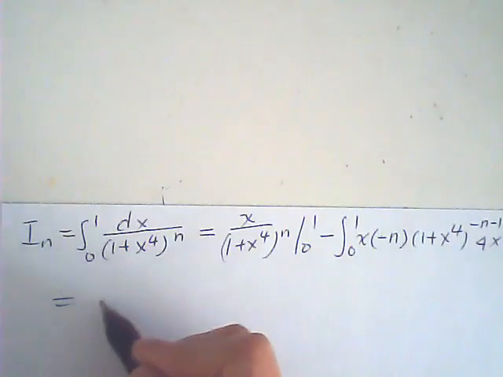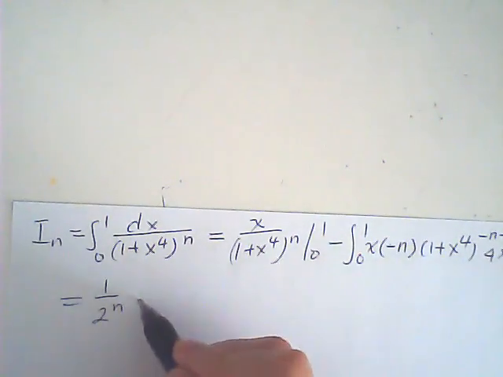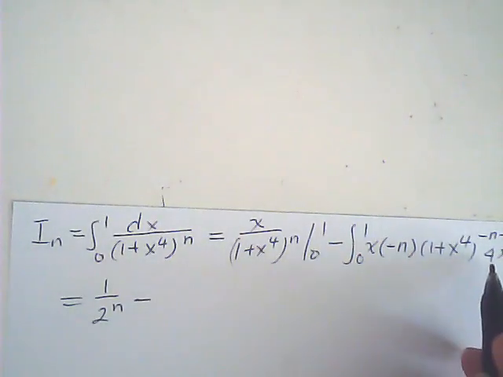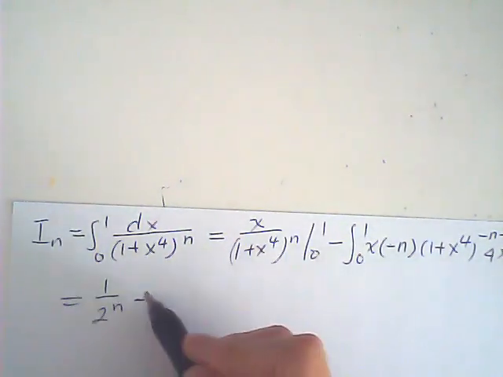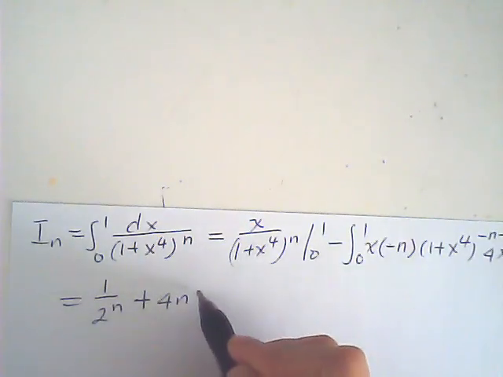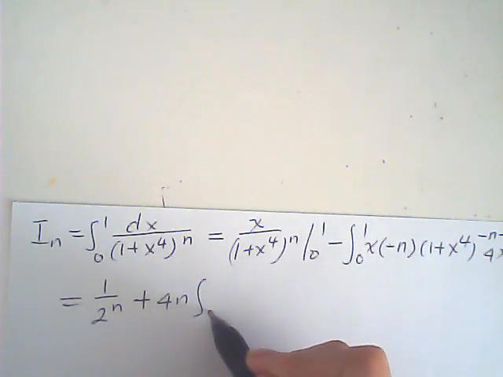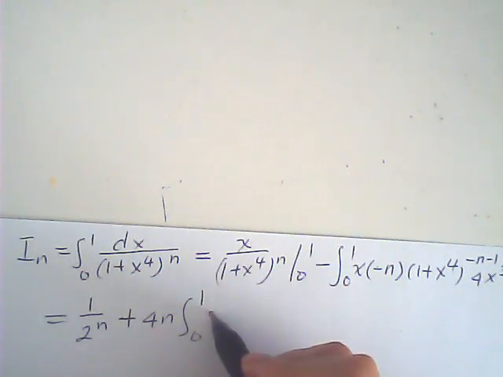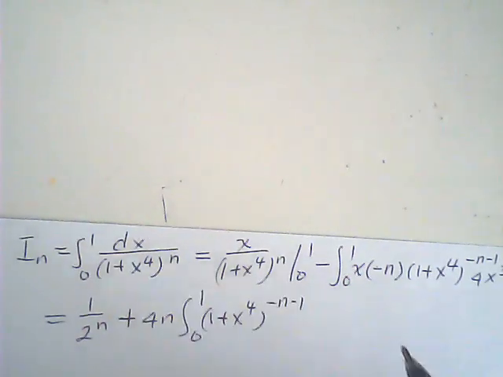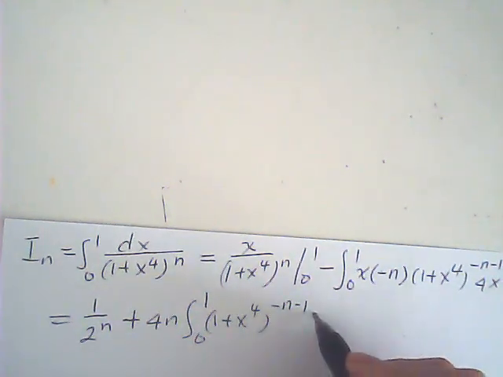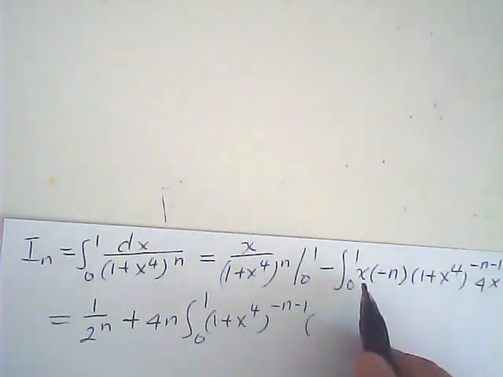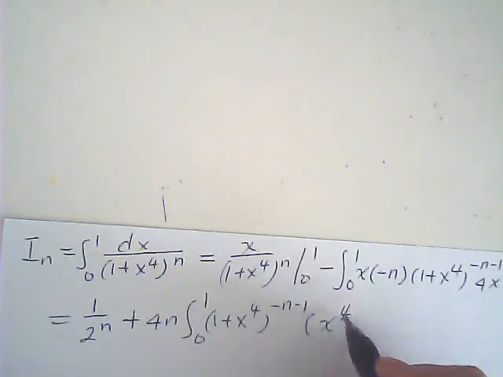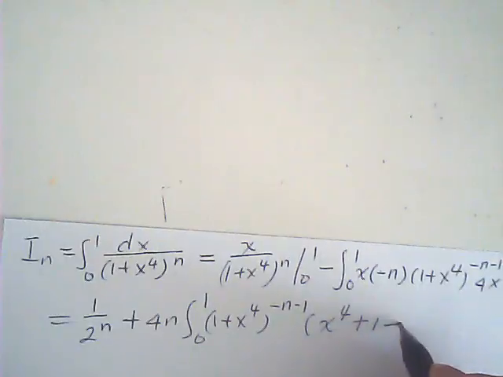This one is equal to 1 over 2 to the n minus 4, and the negative n taken out becomes positive n, 4n. Then you have 1 plus x fourth to the negative n minus 1 times x fourth, plus 1 and minus 1.